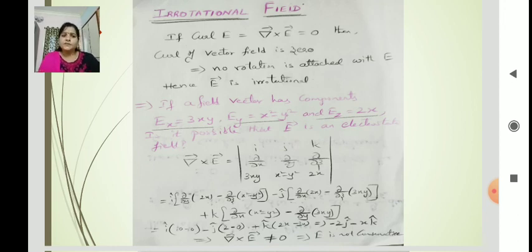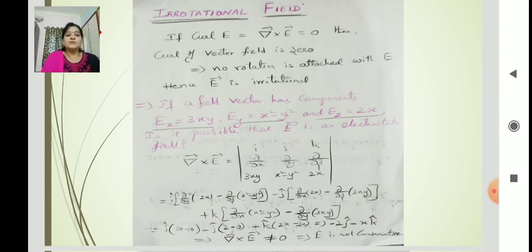After calculation, we come across a vector found to be minus 2j minus xk.